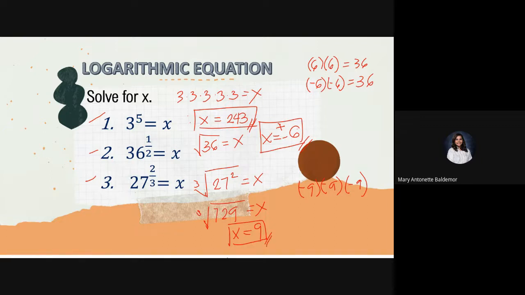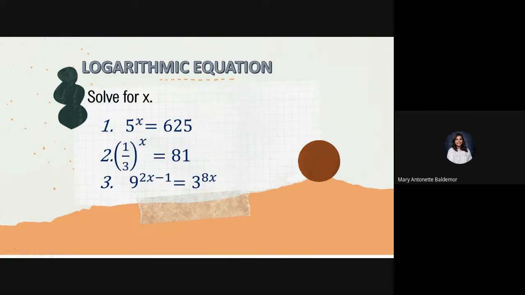Now let's try another example. Okay, so let's try this one. We have 5 raised to x is equal to 625. Now recall that for us to be able to solve this one, there should be the same base.